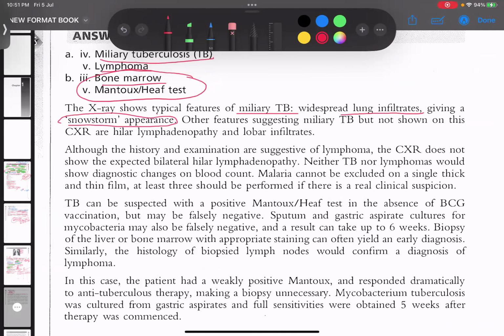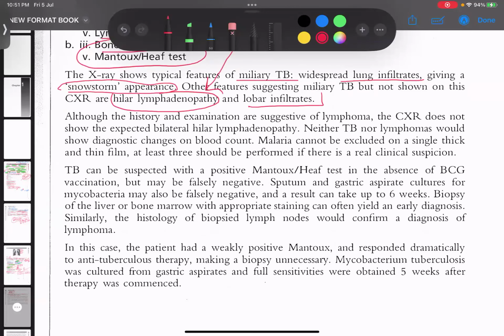We'll see another X-ray. Other features suggesting miliary TB but not shown in this X-ray are hilar lymphadenopathy and lobar infiltrate. Hilar lymphadenopathy is extremely important, very commonly asked in the exam. So both things are extremely important. If they want you to find it, they will definitely give some other finding on the X-ray. Commonly they give this widespread snowstorm appearance as well as hilar lymphadenopathy.